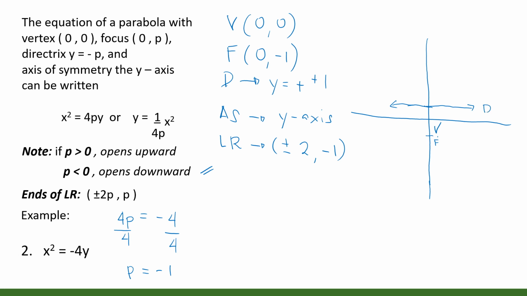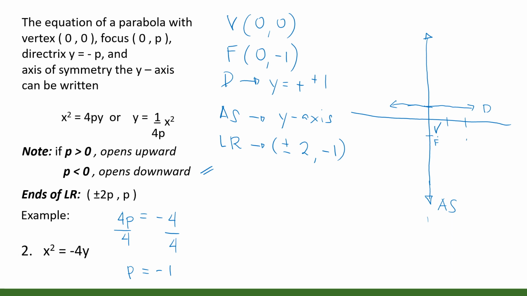And then the axis of symmetry, the y-axis. So this is now our axis of symmetry, the length of the y-axis. And the ends of the latus rectum, plus minus 2, negative 1. So, to get positive 2, negative 1, from the origin, we go 1, 2 to the right, and then down one to get 2, negative 1.